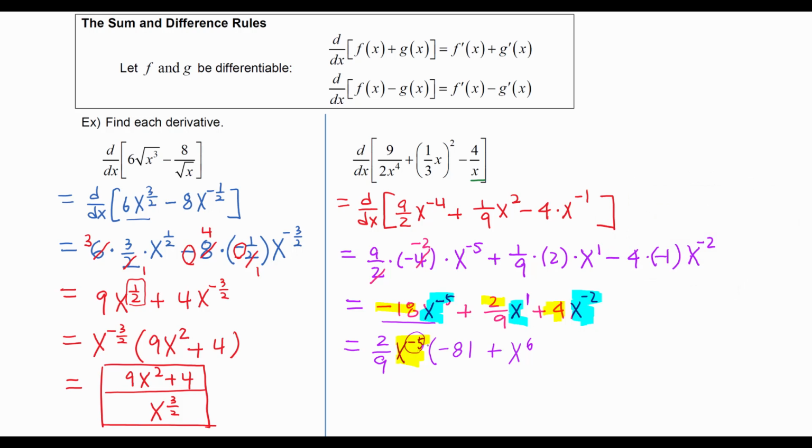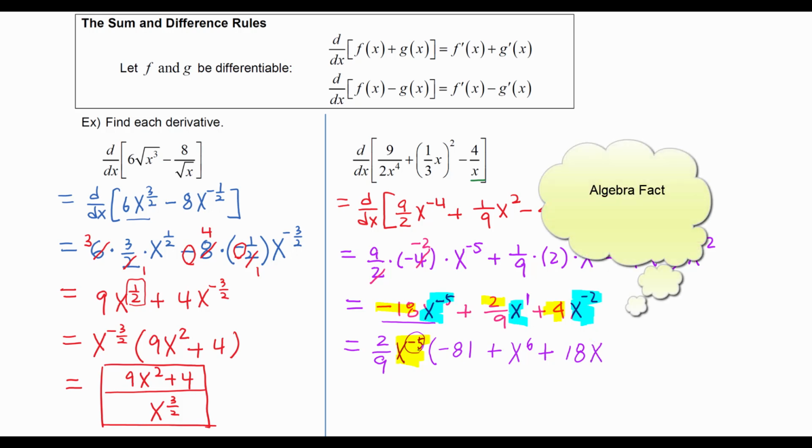So the negative 5 plus 6 gives you power 1 plus 2 times 2 is 4, so there's a 2, but then you divide by 9, so undo that, you need to times by 9. 2 times 9 will give you 18. X to the negative fifth power times x to the what power gives you x to the negative second. Negative 5 plus 3 gives you negative second power. So this will be power 3.